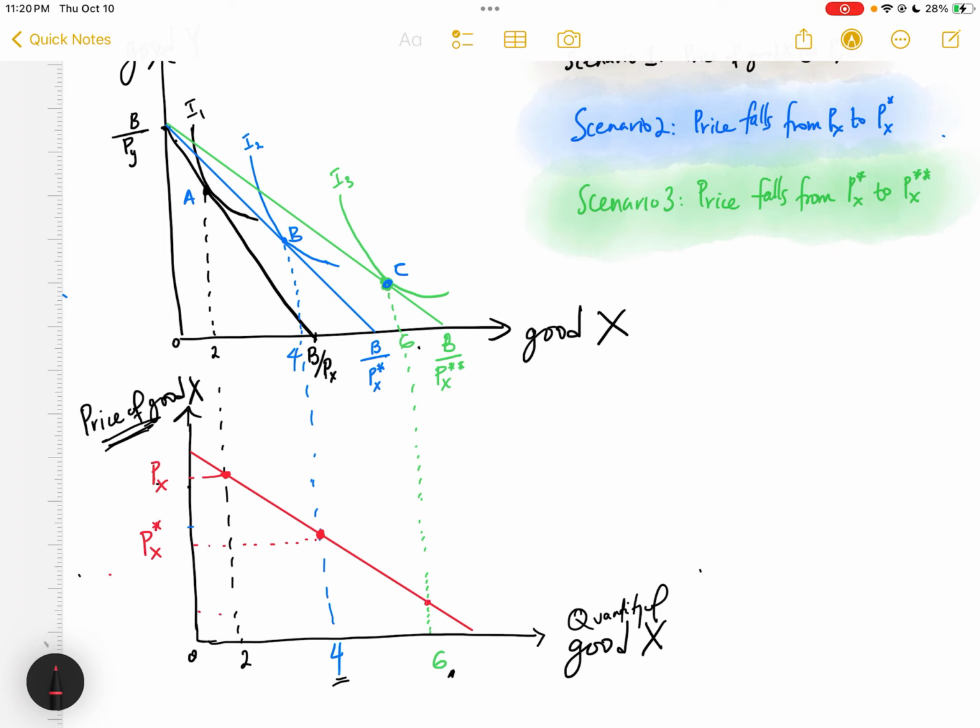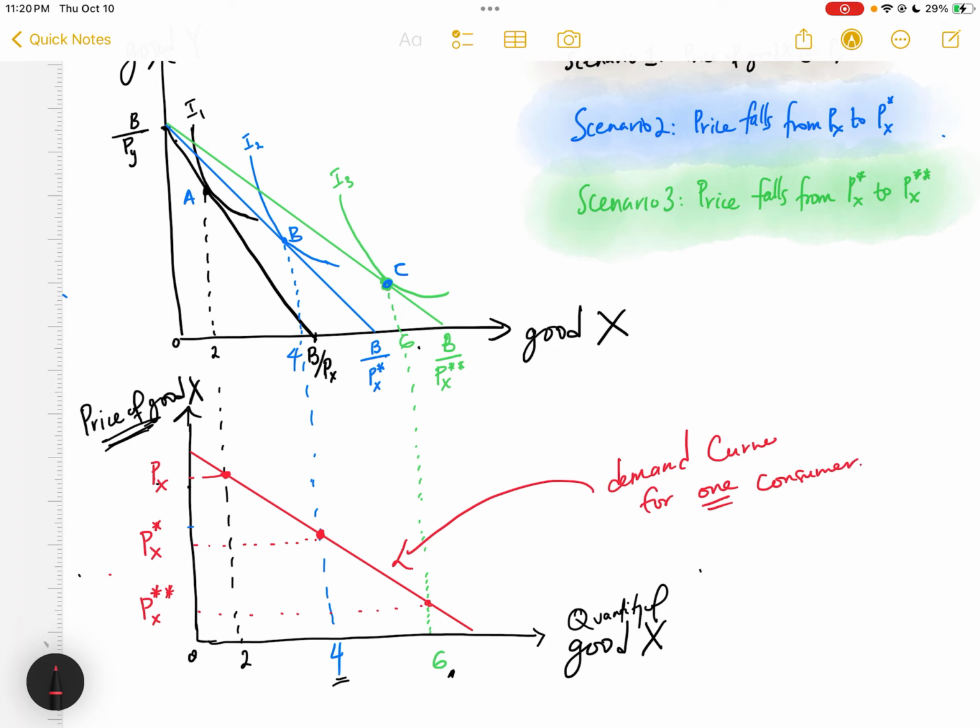And for the third one, price recorded there was PX double star. This is how we derive the individual demand curve. So this is the demand curve for one consumer.